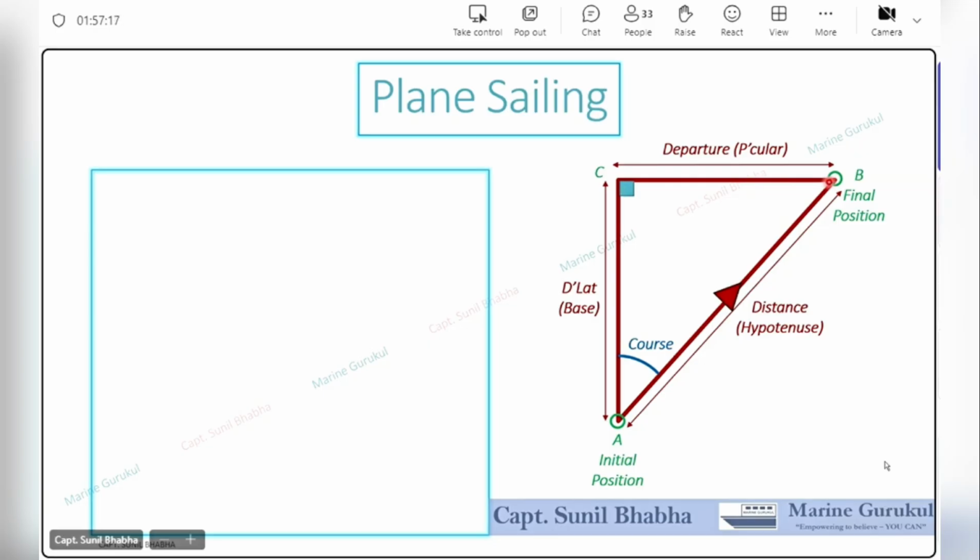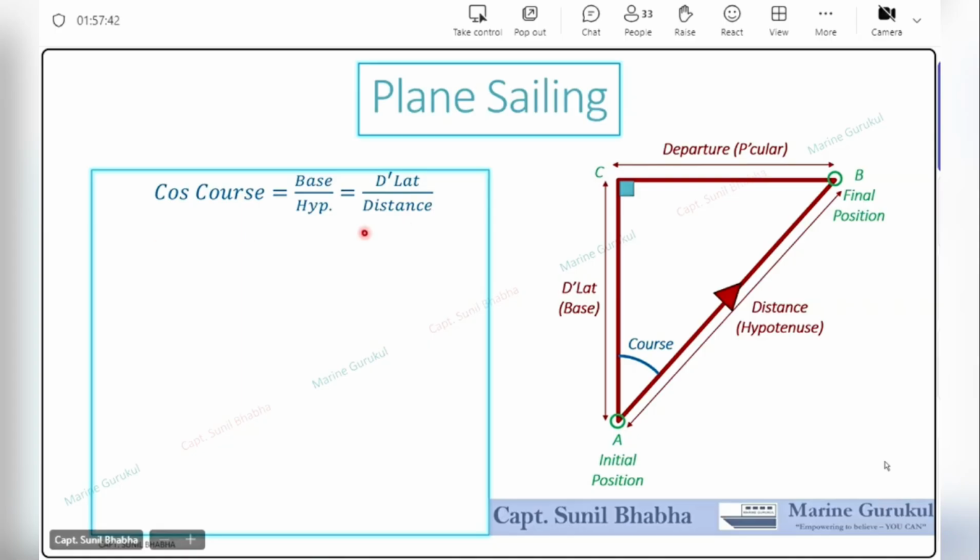Now let us apply the three trigonometric ratios on this triangle. We first apply the ratio of cos theta. In this case, it will be cos of course. Cos of course is given by base upon hypotenuse. Base in our case is the D-lat, difference of latitude, and the hypotenuse is the distance.